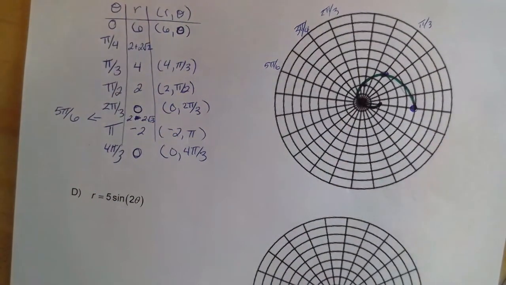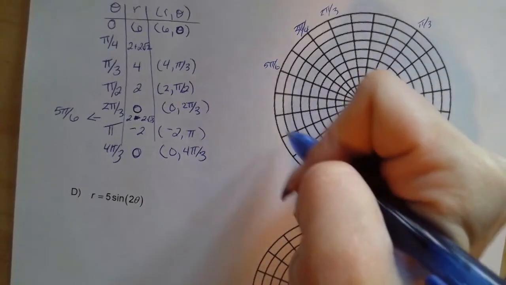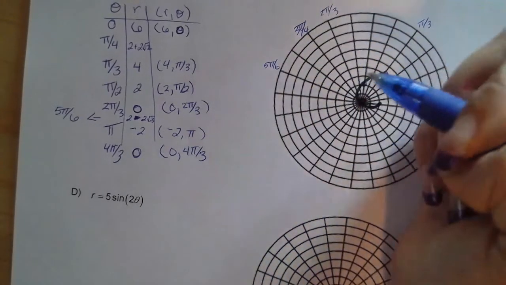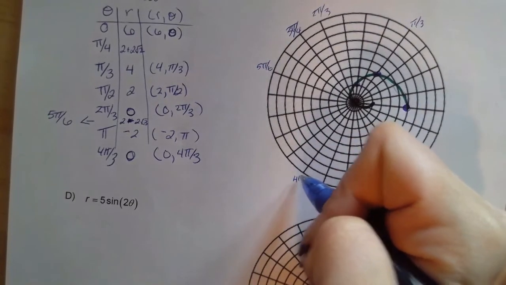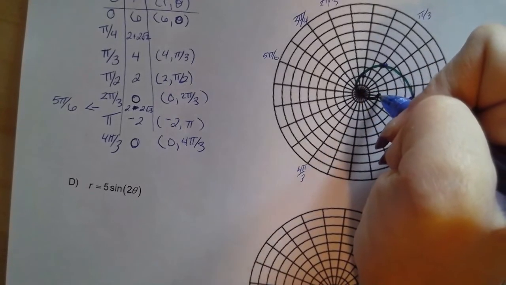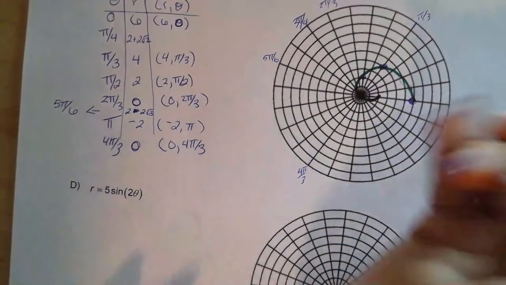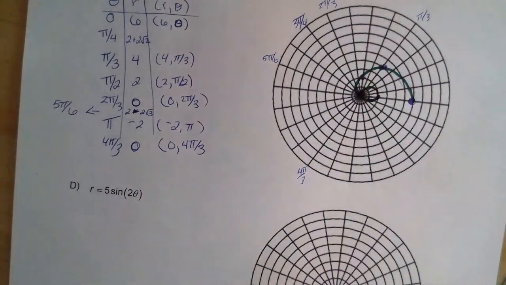Okay, so what does that mean? That means at 4 pi over 3, which is right down here, we are back at 0. So what's going to happen, guys, is that this is going to curve back to 0.